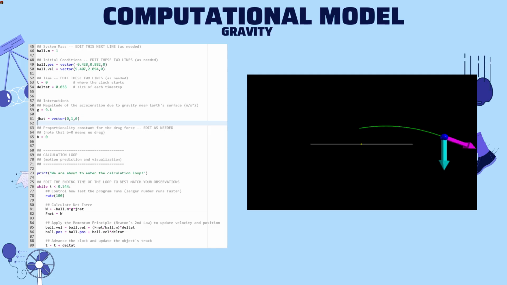For the computational model, I used both the velocity update formula, which is the momentum principle, as well as the position update formula. I also set B, or drag, to zero, which allowed only gravity to be applied in this model, and we see the picture of how it looks as well.